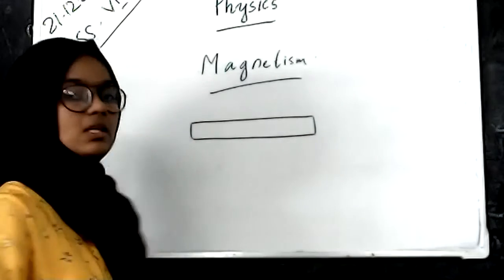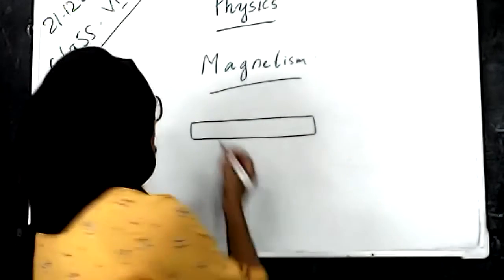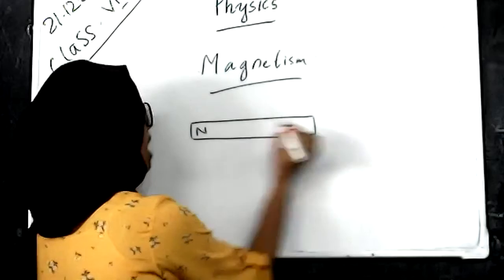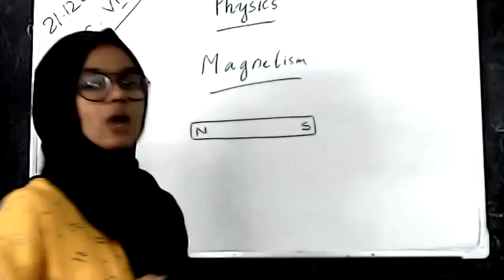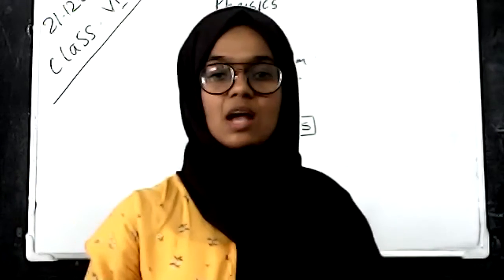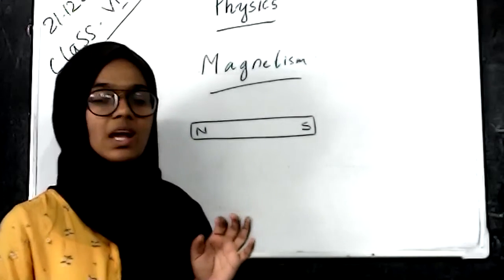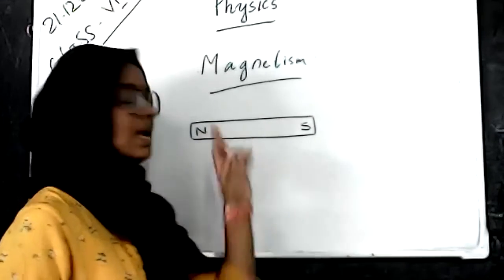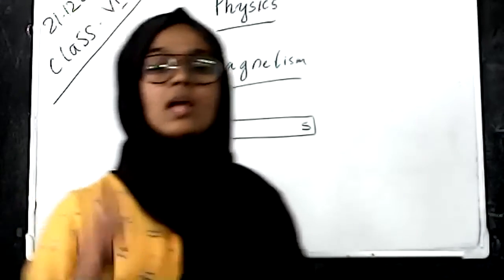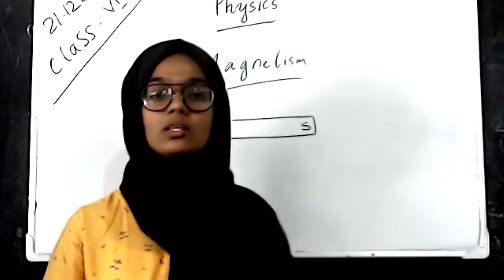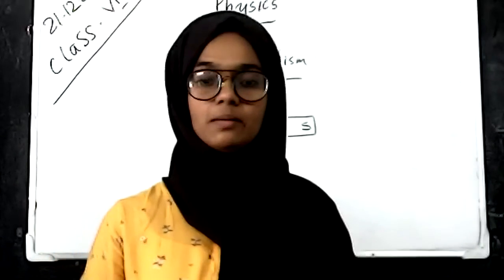The bar magnet is named because of its shape, and it has a north and south pole. Every magnet has a north pole and south pole, denoted as N and S, and every magnet shows the magnetic property.